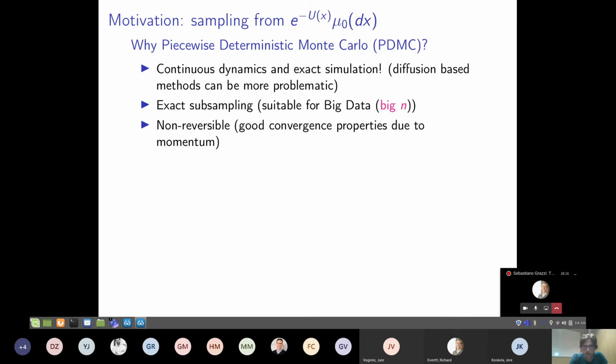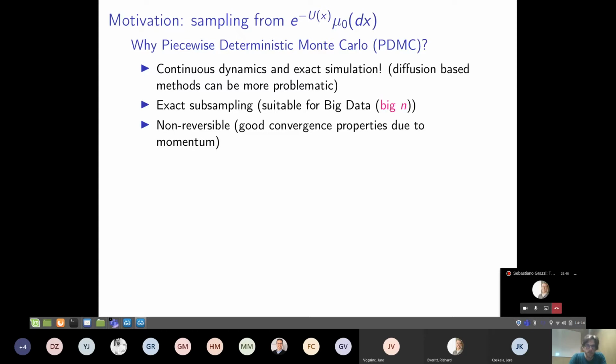And this is an advantage with respect to any diffusion-based method, because if you attended the discussion meeting, you have heard how problematic and delicate it is to simulate diffusion processes in continuous time. While this class of algorithms doesn't have this problem because the dynamics are deterministic and very simple.